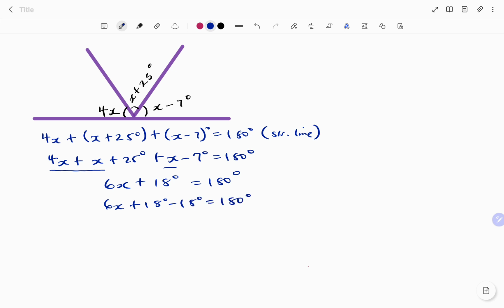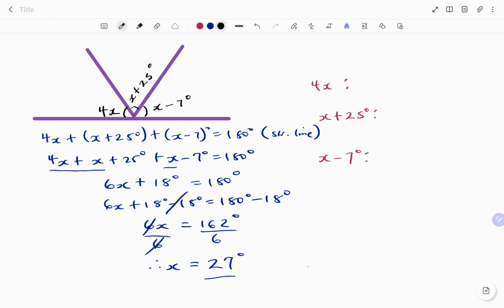That's 180 degrees minus 18. This cancels. I'm left with 6x equals 180 degrees minus 18, which will give you 162 degrees. And to get rid of my 6, I'm going to divide both sides by 6. Therefore, my x is 27 degrees.